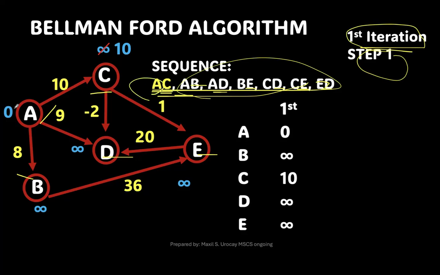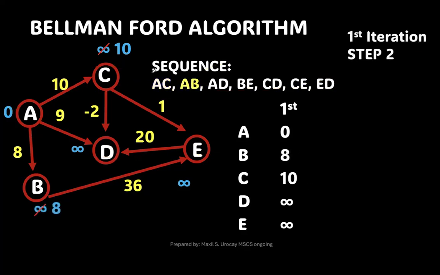For AC, that is 0 plus 10, so we update it here. Second step, AB will be 0 plus 8. That is 8, updated here. Next step, AD will be 0 plus 9, so it becomes 9. BE will be 8 plus 36, that will be 44.